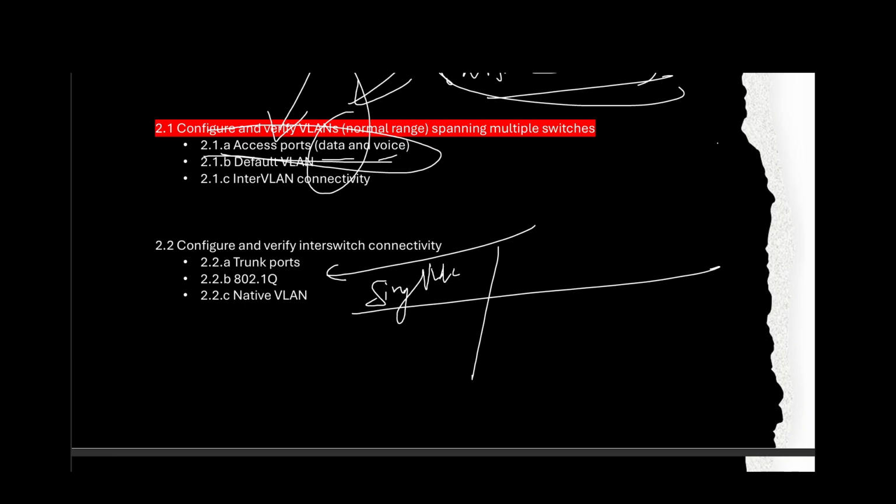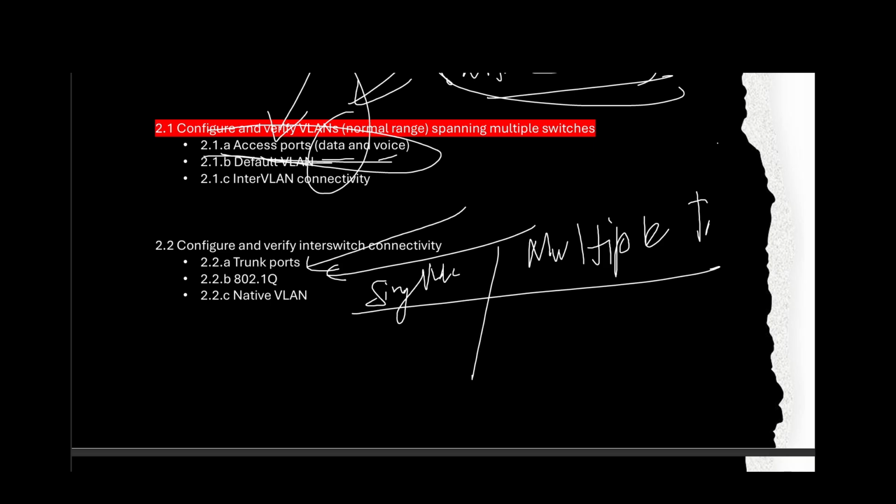In a trunk port, this is where you can add multiple VLANs to that specific port. A trunk port is usually connected from a switch to a router or switch to switch. An access port is usually connected to end devices, so that could be the host, the PC, the computers, or even the servers.